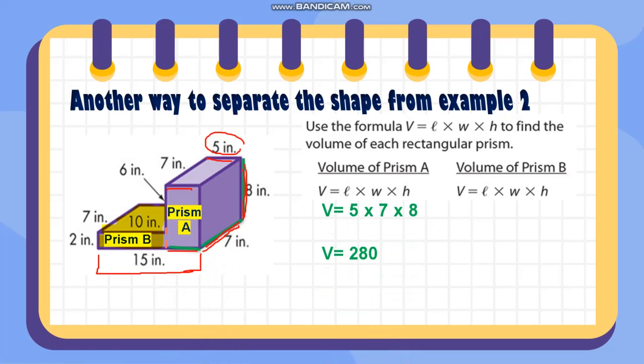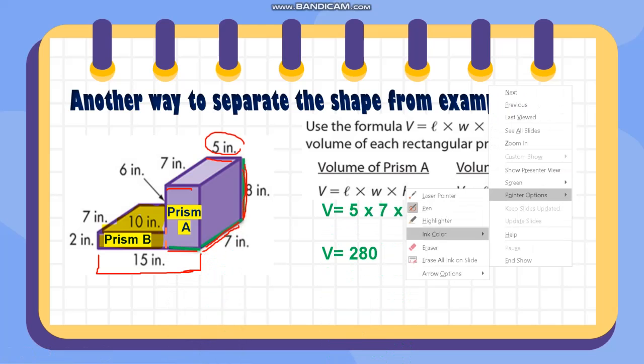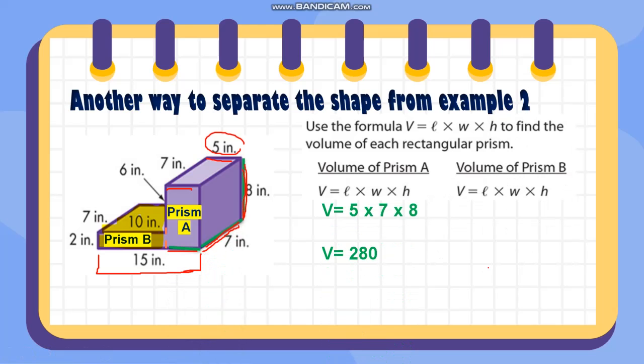Now, what is the volume of prism B? Prism B is this part. This is your length from here up to here. So we're not going to use 15 because as I told you, 15 is the combination of the two prisms. So what is the measurement from here up to here? That is the same thing here.